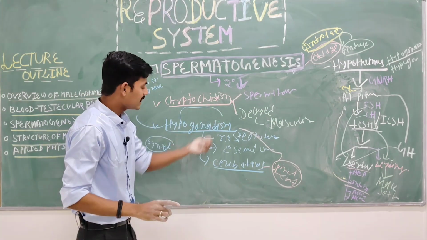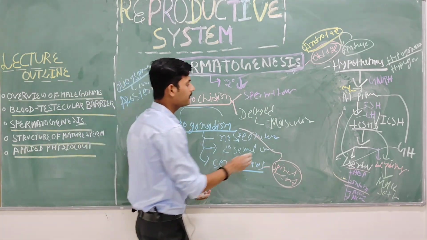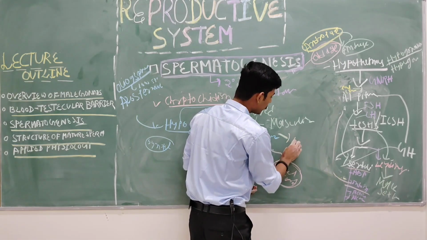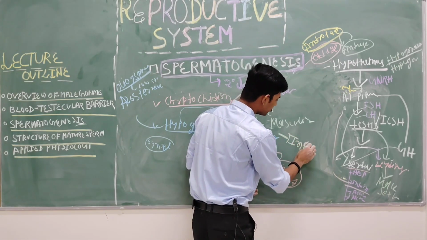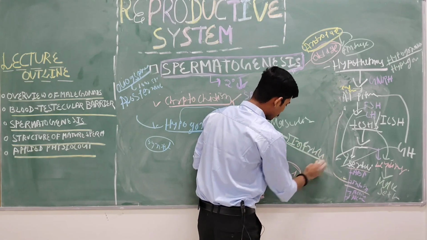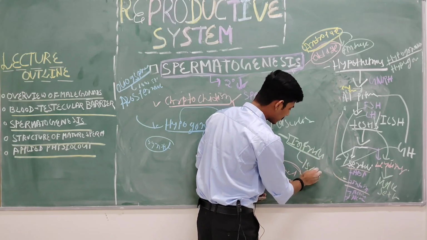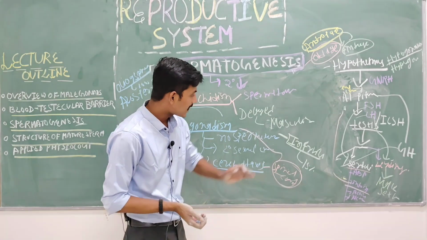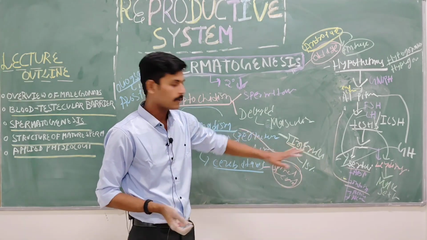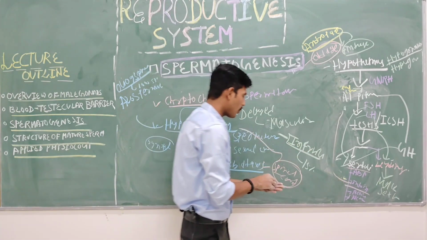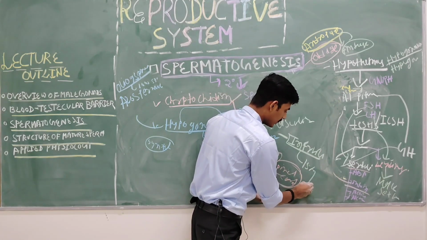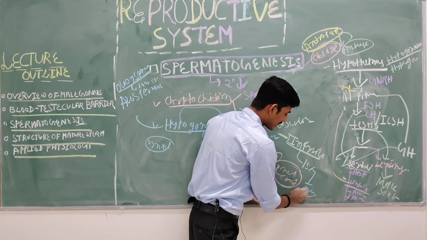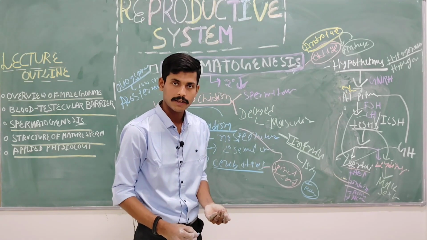And these diseases result in infertility. Remember, 15% of couples have an infertility problem, and in half of those, the problem lies in the male.